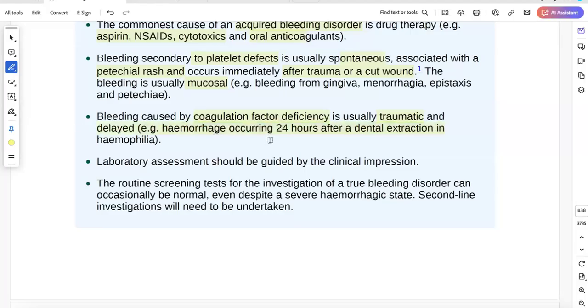So hemorrhage occurring 24 hours after a dental extraction, that's usually how coagulation factor deficiency presents. So if there is a clotting factor deficiency, ideally there will be delayed presentation. If it is a platelet deficiency, it will be a spontaneous and immediate reaction.